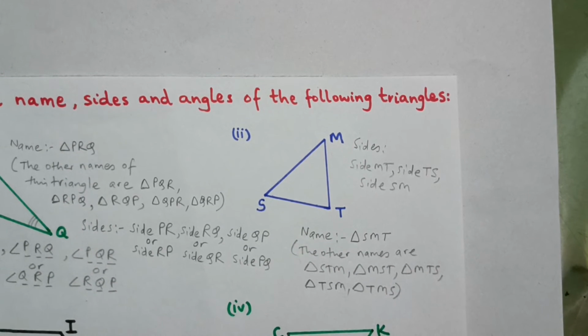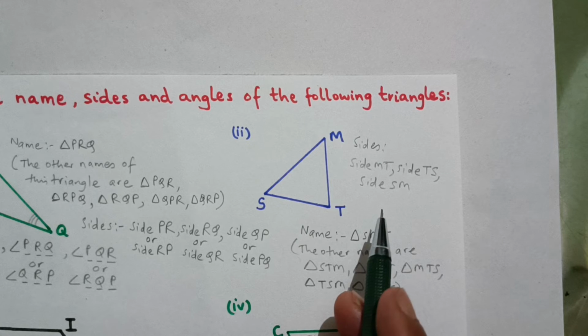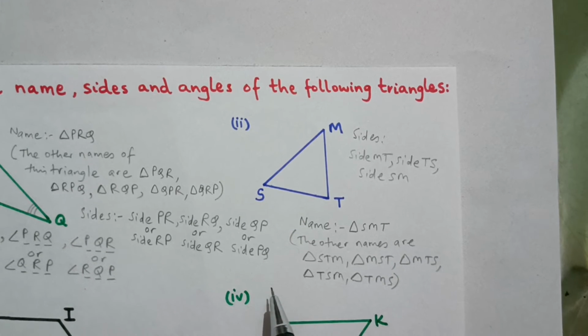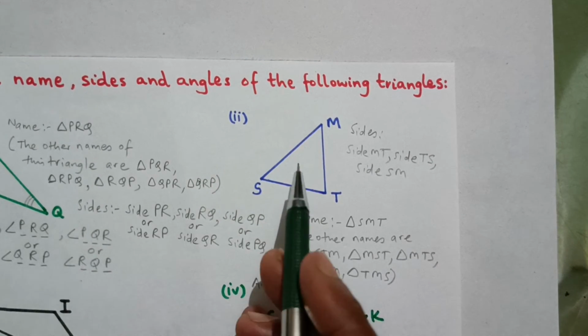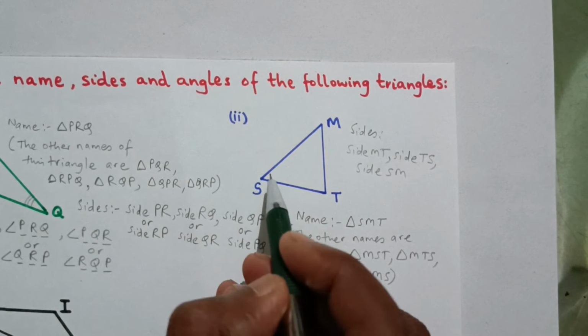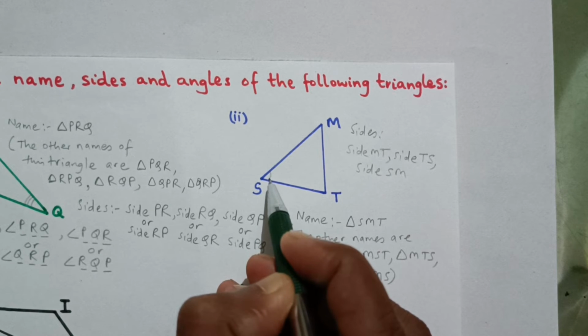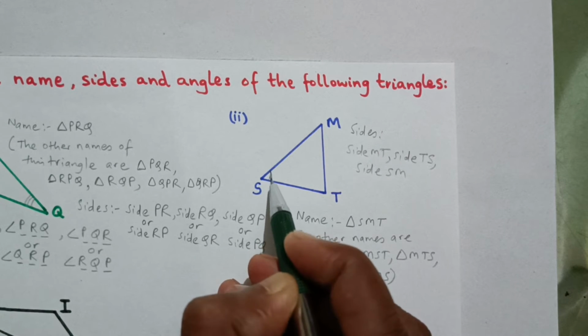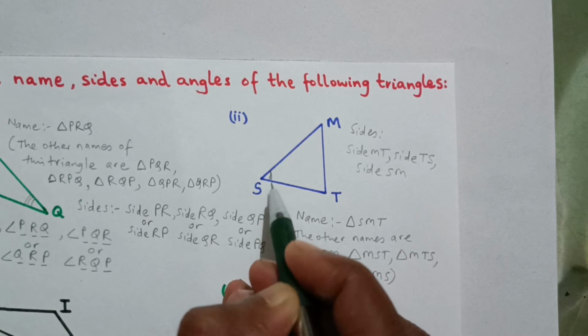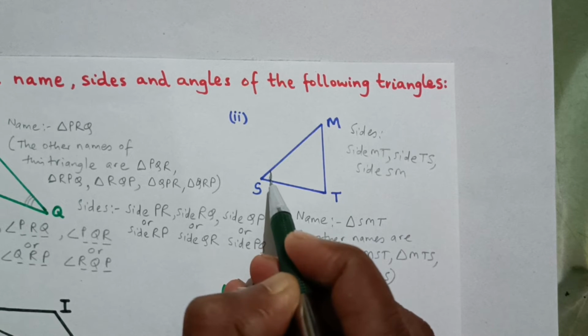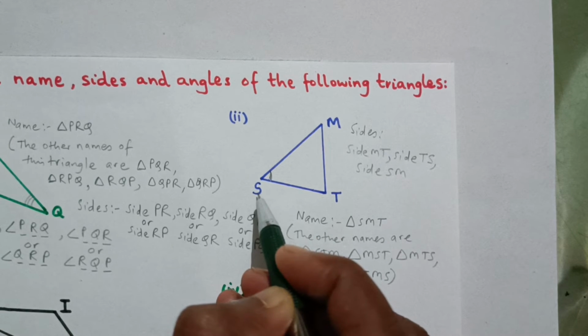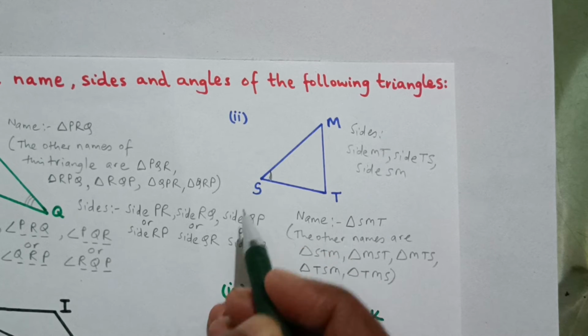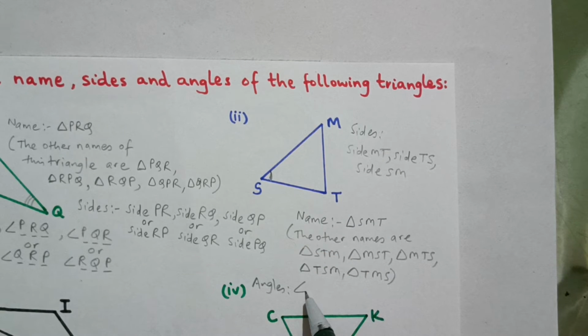And now the angles. We don't have enough space, so let us write it over here. What are the three angles of this triangle? Let us start with this angle. This angle is formed at the corner S, or vertex S. We will write the angles with three letters.